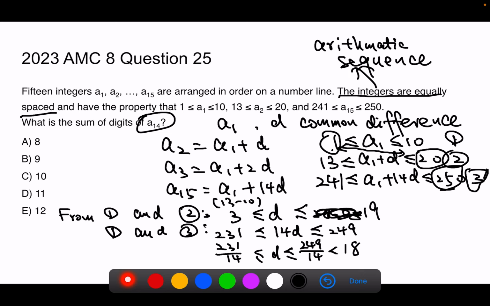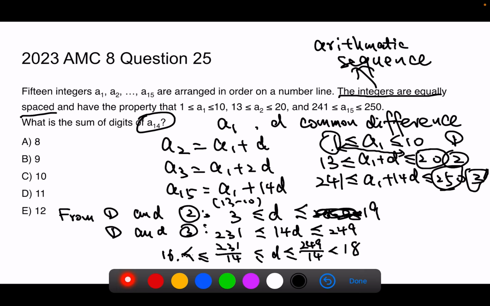And same thing, 231 divided by 14 is 16 point something. And that means, if D needs to be bigger than or equal to 16 point something, I need an integer which is definitely less than 18, but definitely bigger than 16, right?